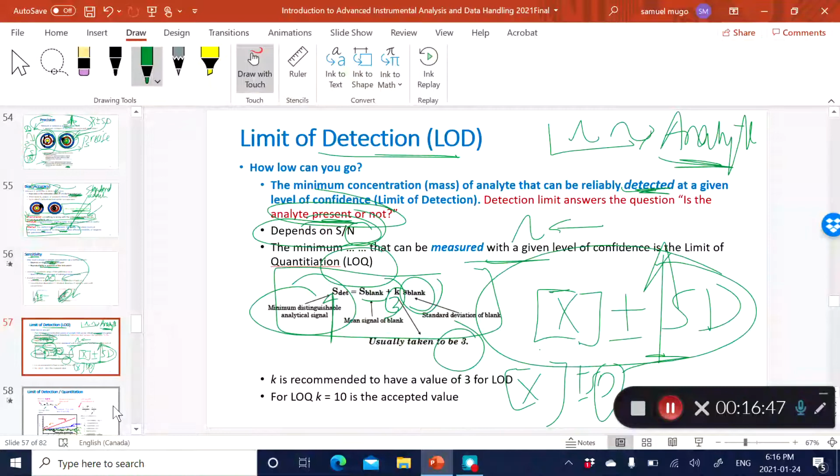The limit of quantification is calculated exactly the same way. The only difference is that instead of 3, you substitute 10 for k, and that would be the limit of quantification. Remember, in signal units, so the unit would be signal units.